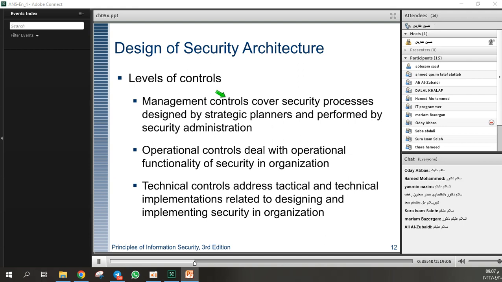You know, the management must control everything inside the organization. So when I'm talking about security architecture, I need some designed controls to cover the whole security process inside my organization.